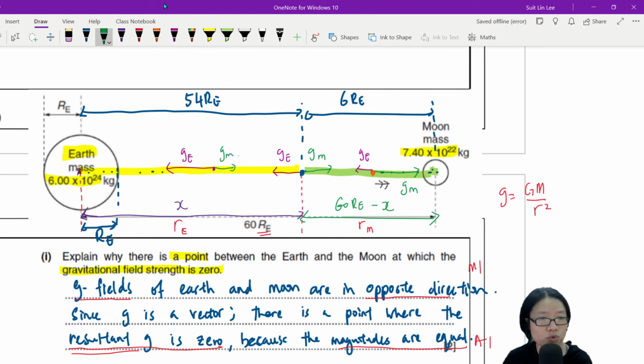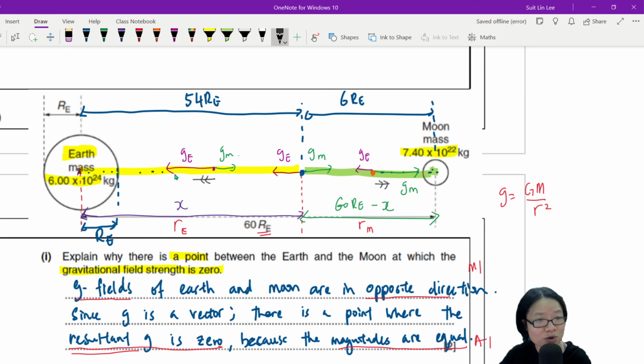You can see the moon is getting weaker as you travel further away, the arrows getting shorter and shorter, whereas the purple arrow for Earth is getting longer and longer. That means the resultant will favor Earth because you're closer to the Earth. So this is GE, and the two-headed arrow is the resultant, GR.